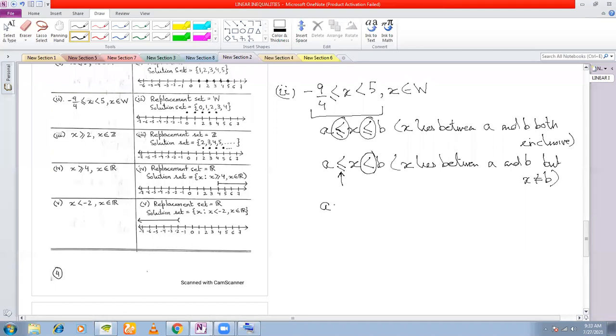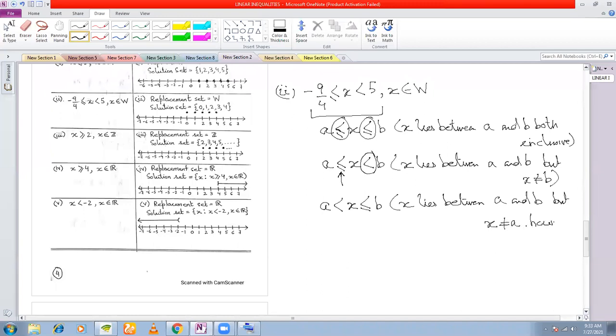Similarly, if I write in this manner, again this means x lies between a and b, but x this time is not equal to a.